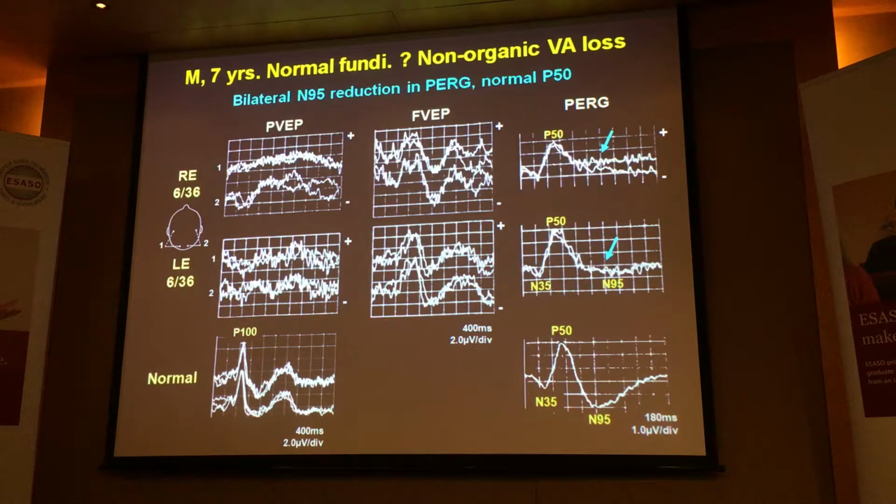But when you do P50, you've got two different components. P50 is driven by the macular photoreceptors. So when you see a normal P50, which you see in both eyes, you know, firstly, there cannot be significant refractive error. Secondly, the patient is compliant. And thirdly, the macular function is fantastic.